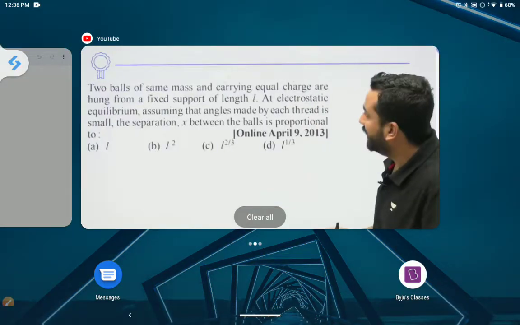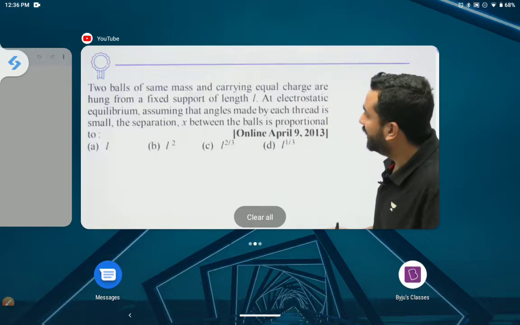Two balls of the same mass and carrying equal charge are hung from a fixed support of length L. At electrostatic equilibrium, what is meant by electrostatic equilibrium? First, you should learn about that. Electrostatic equilibrium is nothing but the net force being zero.